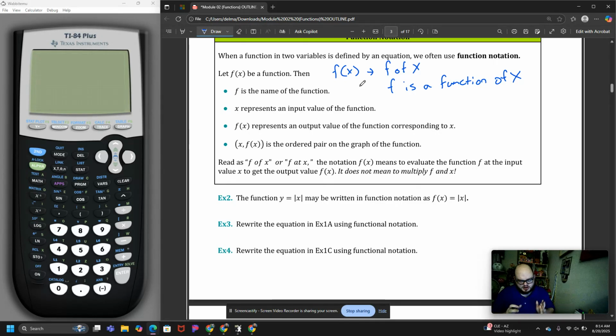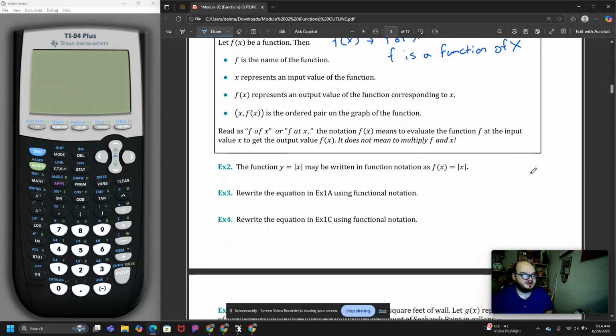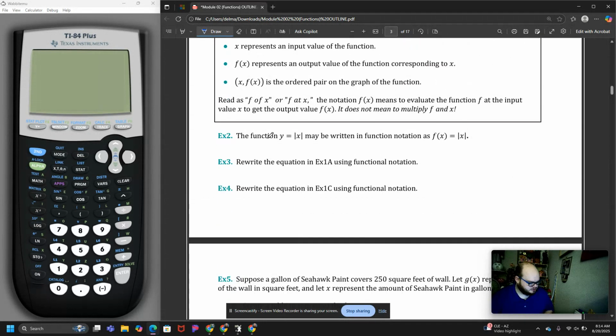You normally see those parentheses and you think, hey, let me multiply. We're not multiplying, we're reading this f of x. So f is a function of x, since x is the input. The function y equals the absolute value of x. So this is the absolute value symbol, okay?